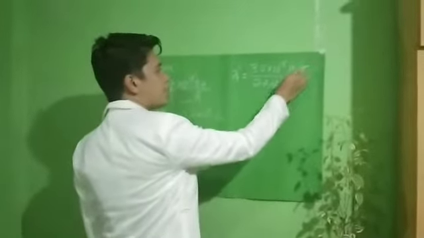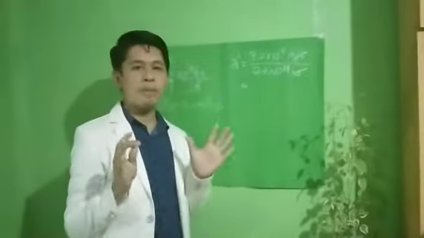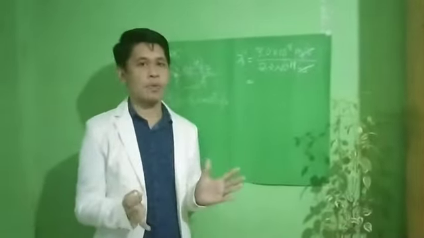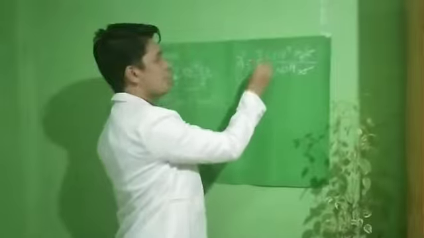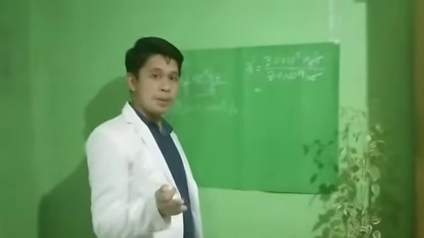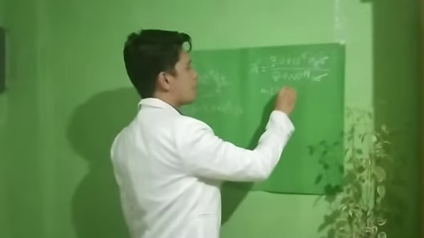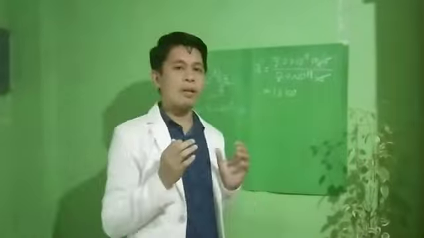So, cancel natin per second. So, what remains is meter. So, combine all the whole numbers and combine all the exponents. So, we have to divide 3.0 divided by 2.7. So, that will give you, very good, that is 1.11 times 10. So, combine the exponents.